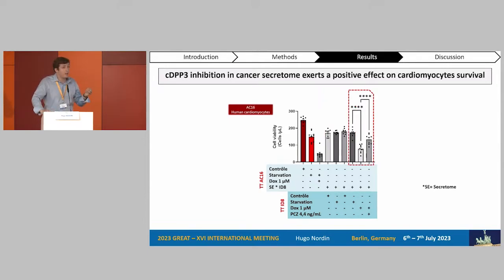And thirdly, we applied the culture media from cancer cells that were stressed by doxorubicin, and we had a significant increase in mortality of human cardiomyocytes. When we applied our antibody procizumab on this cell culture, we significantly restored the human cardiomyocyte viability.